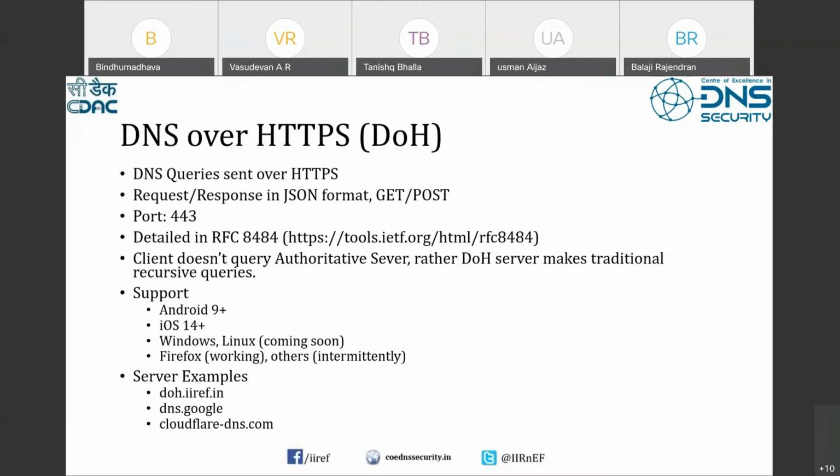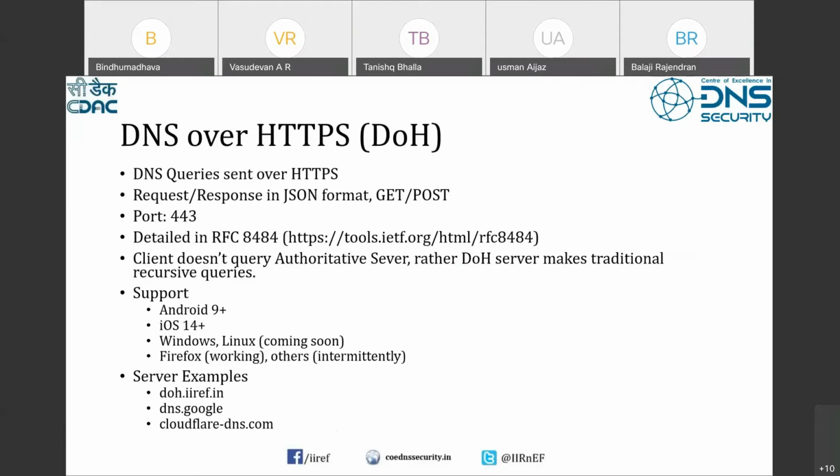Now, similar to DOT, here also the client doesn't query the authoritative server. Rather, it queries the DOH server, and the DOH server in turn makes the traditional recursive queries. The support for DNS over HTTPS is there in Android 9 plus and iOS 14 plus.